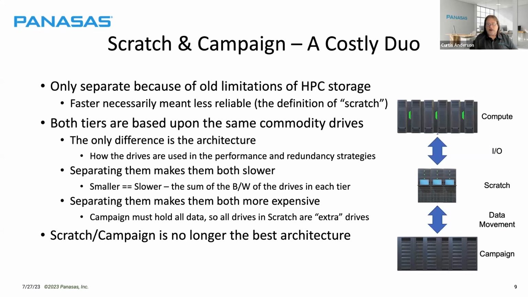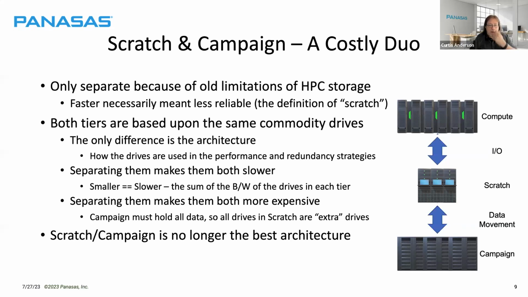And we used checkpoints to save the state of the calculation if there was a software or hardware fault anywhere in that compute and Scratch space environment, and then we'd restart. Now, the key observation here is that Scratch storage is made of the same commodity drives as Campaign storage. The drives are all the same. It's a question of how you put them together that makes it Scratch versus Campaign.